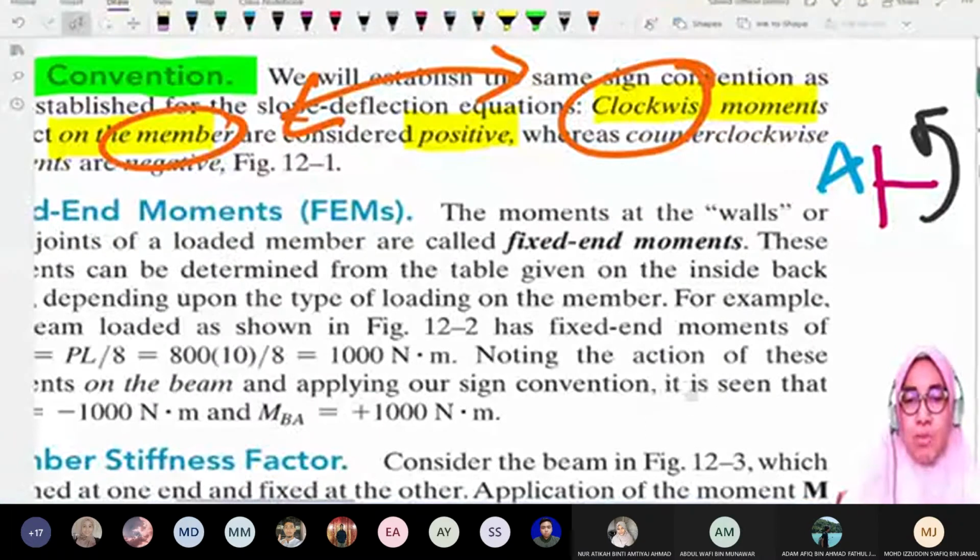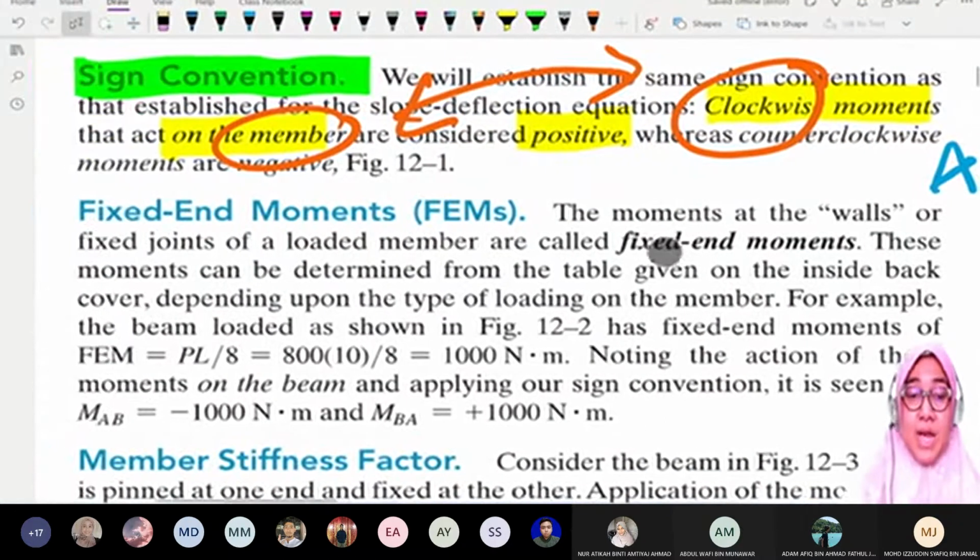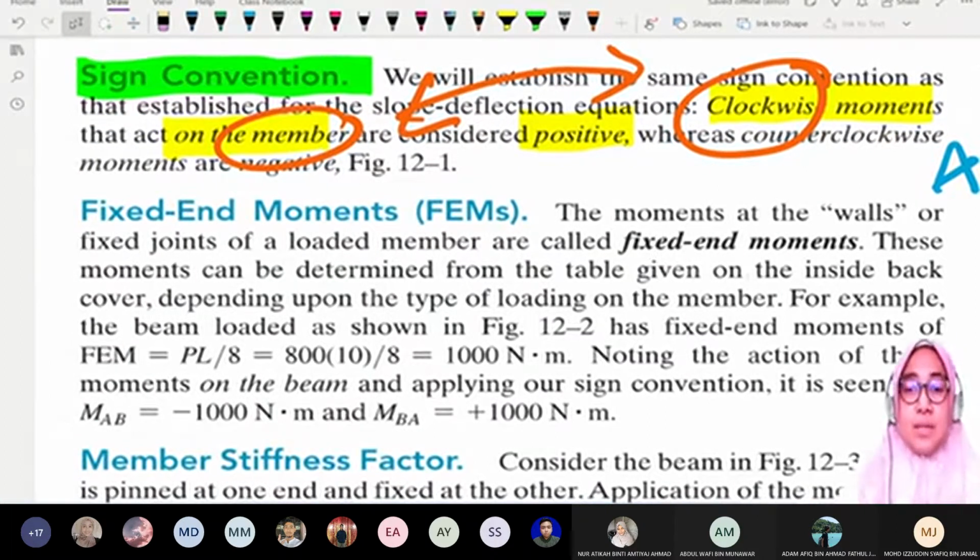Fixed end moment. Tadi member end moment tau. Do not get confused. Member end moment: in the moment distribution method, when we analyze a beam or a frame, we are analyzing member end moment.